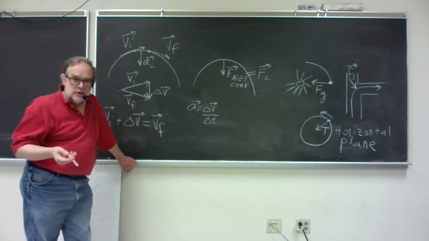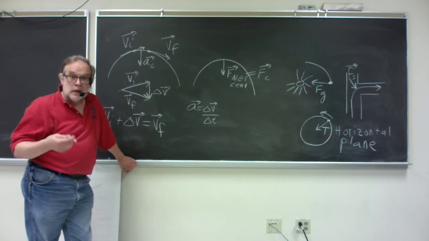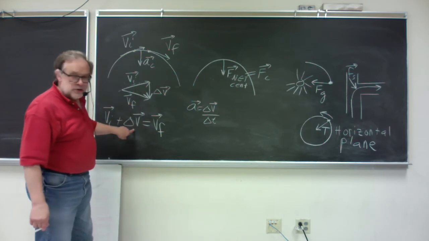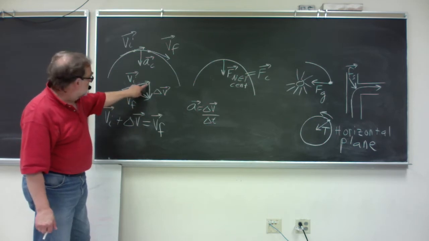That's the usual pattern for showing how vectors are added. Initial velocity vector and the delta v arrow are added, so you connect them tail to tip.